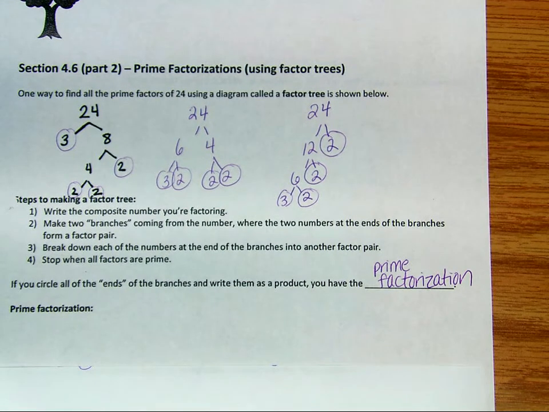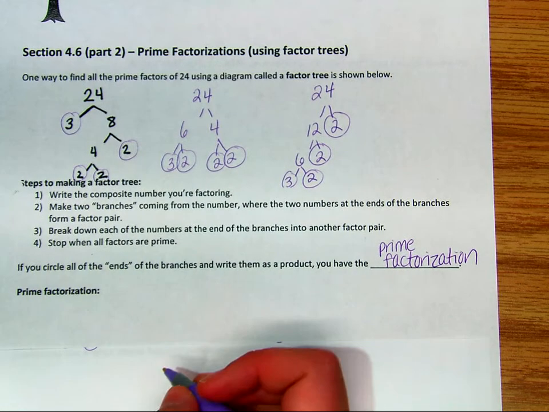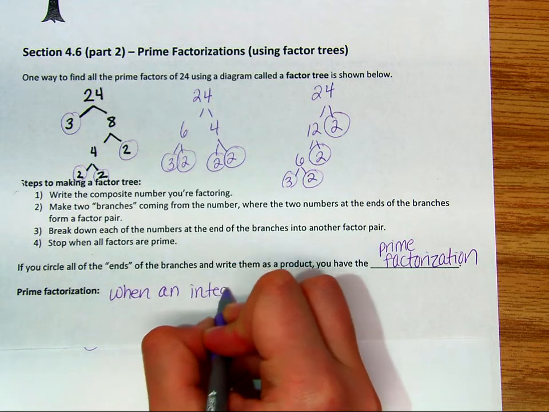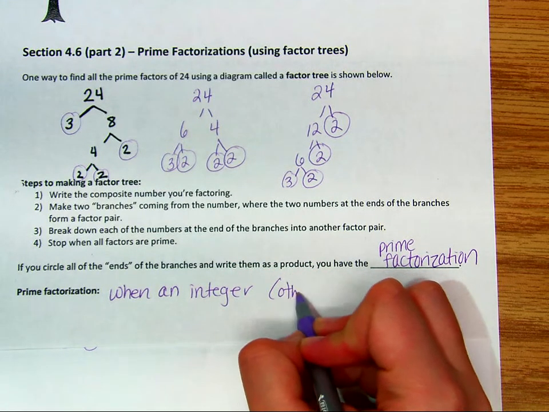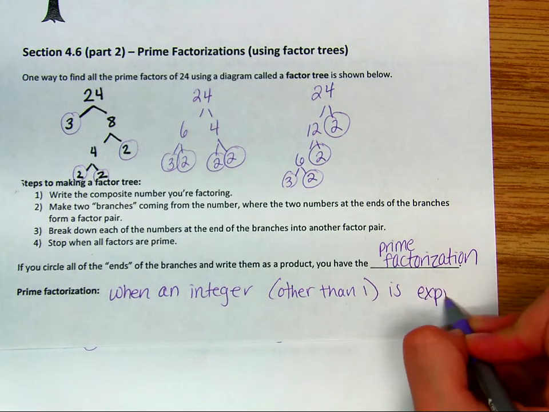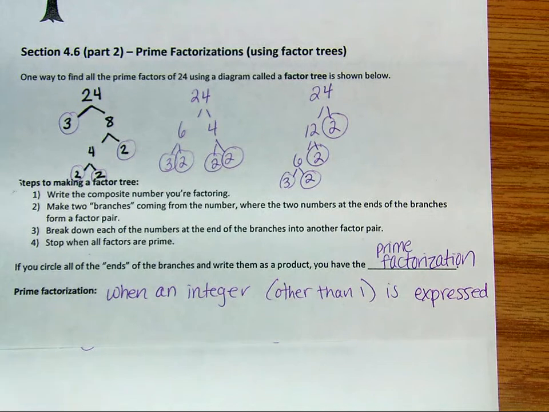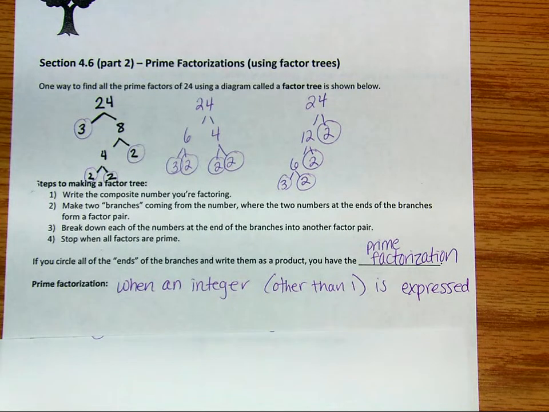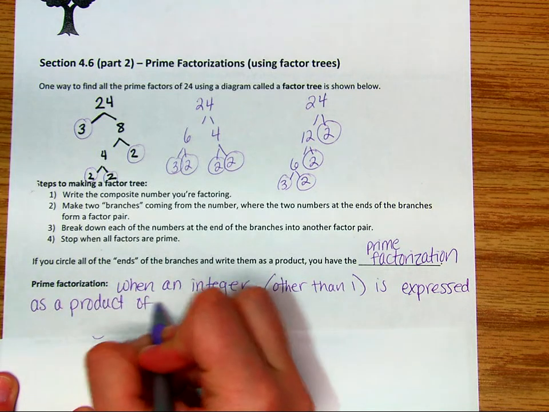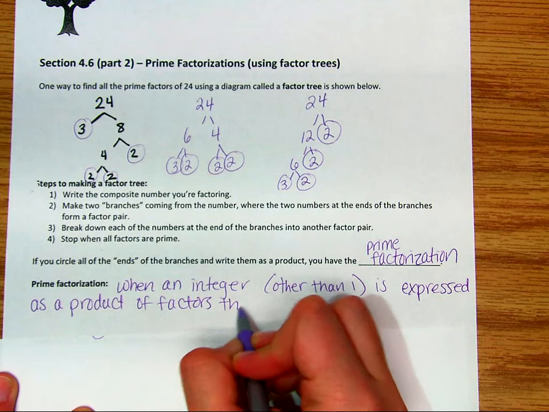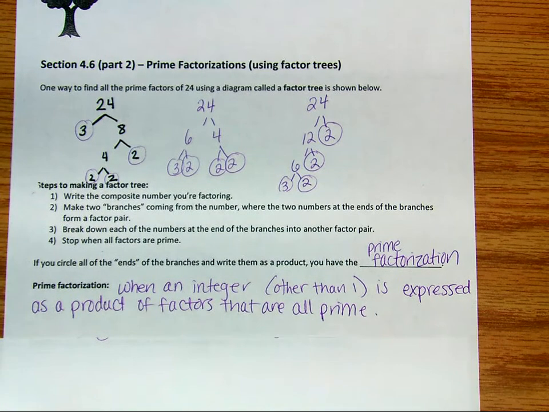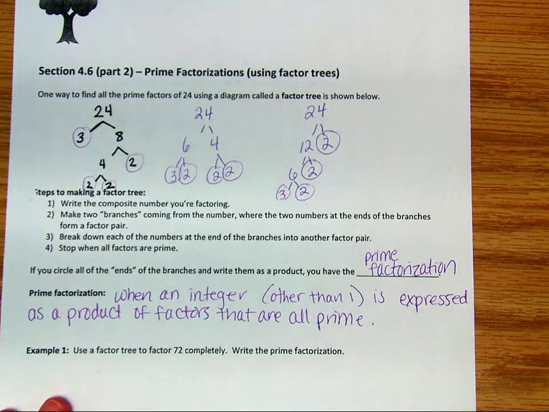So, the definition of a prime factorization is when an integer other than 1 is expressed as a product of factors that are all prime. So an example would be what we did up here.